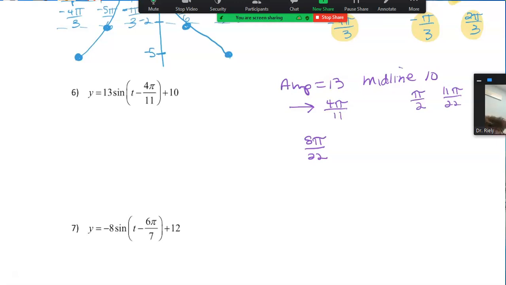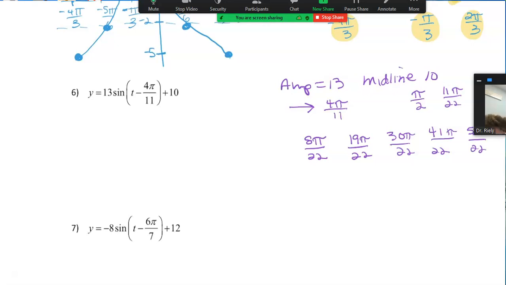So my first angle, I'm going to write down initially as 8 pi over 22. Add 11 to that, you get 19 pi over 22. Add 11 to that, you get 30 pi over 22. Add another 11 to that, 41 pi over 22. Add 11 to that, 52 pi over 22.